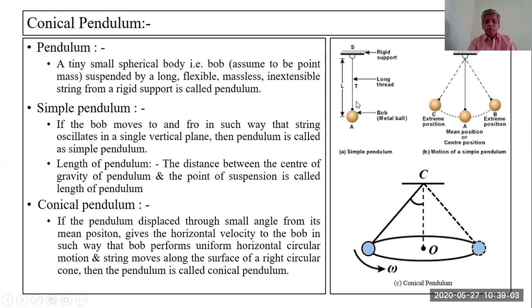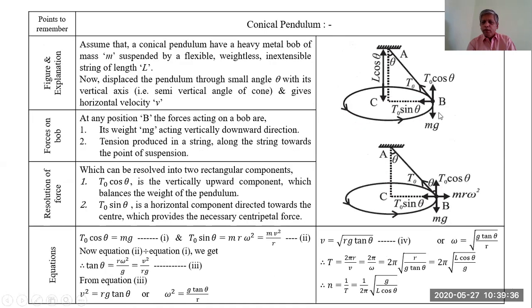When this pendulum moves with some angle from its mean position, and when we displace it through a small angle toward this position and release it, that pendulum performs oscillations like this from B to C, C to B again.